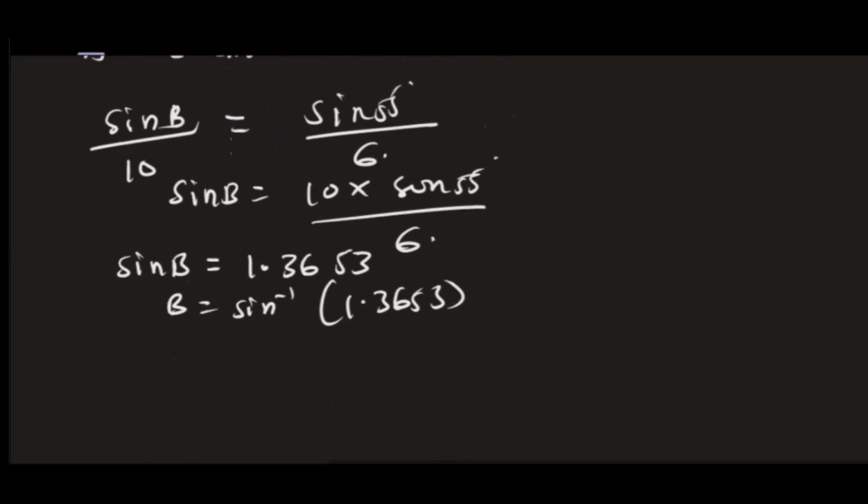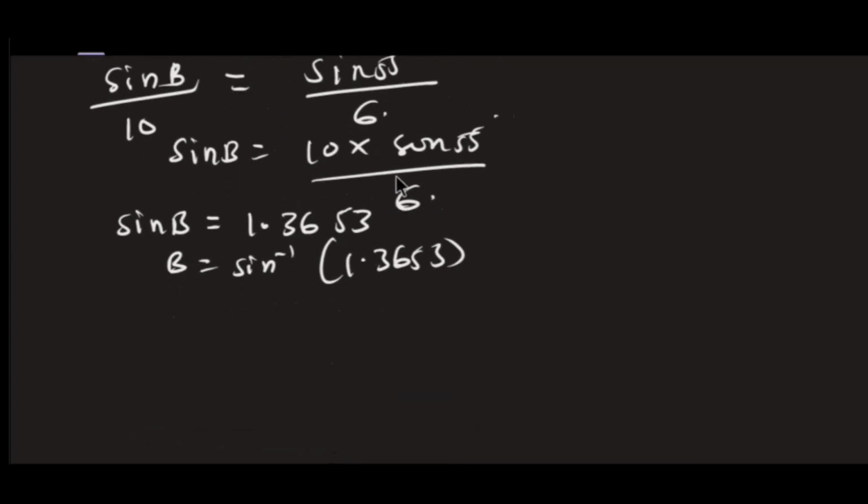So once I make this 5 centimeters, I can change this side to also be 5 centimeters. Then I'll multiply here by 5 centimeters. Right. So once I get this, now I'm going to get 5 out of 6 times sine of 55.